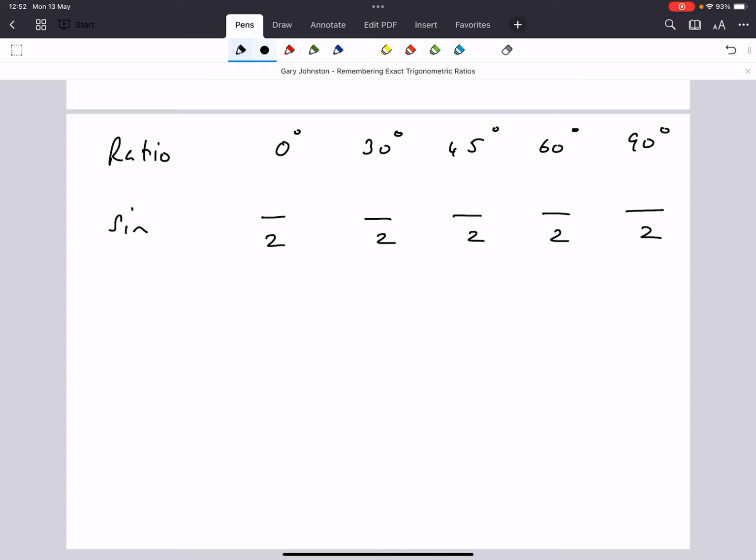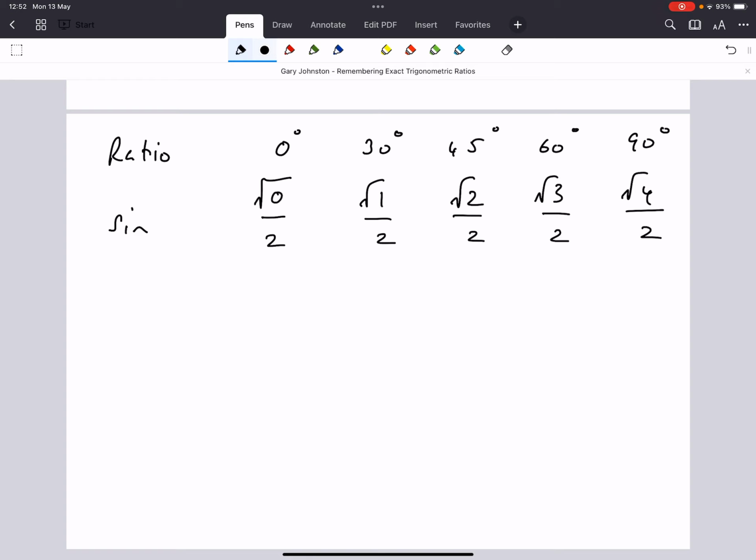Firstly, 0 degrees, which is going to be this fraction: I want you to write 0, with a square root around it. And then we're going to work all the way across here in ascending order, numbers 1 to 4 with square roots around them. So square root 1, square root 2, square root 3, square root 4. Now, you can just use those ratios if you wish, and that might be the most straightforward.